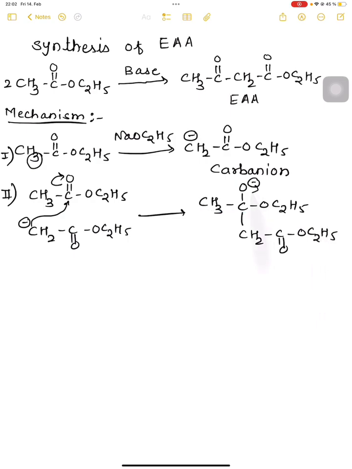Now this negatively charged oxygen transfers its negative charge to the carbon, and minus OC2H5 gets out. So here we get CH3 C double bond O, then CH2 C double bond O OC2H5.